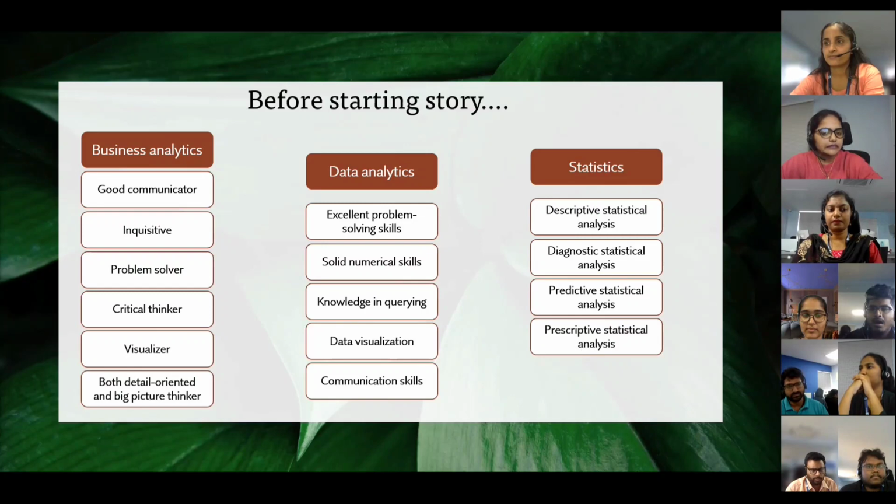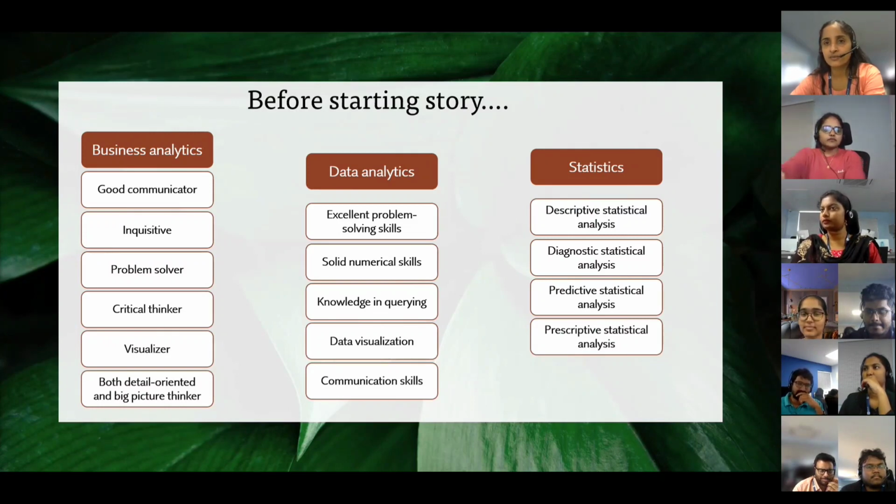Okay, knowledge in querying means what do you think? I think it's something you said earlier, asking the right question. Query here does not mean that kind of question.